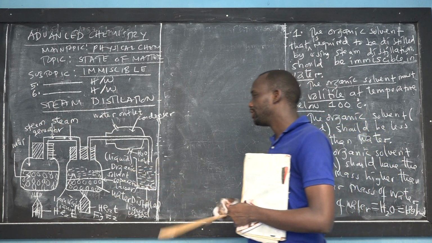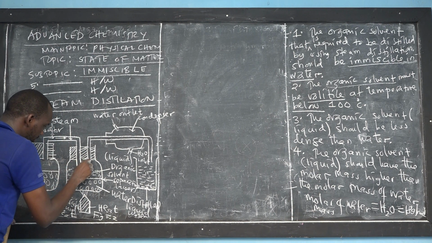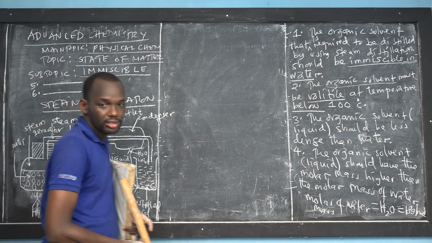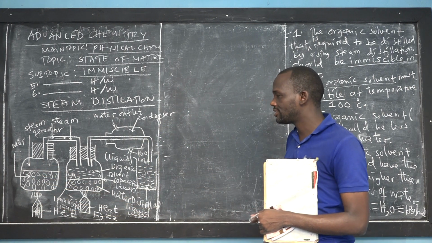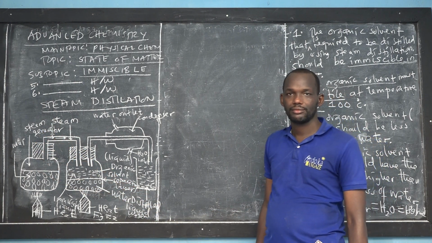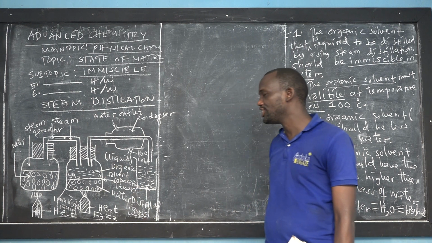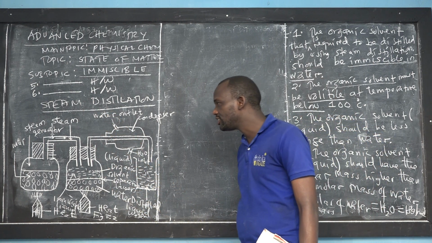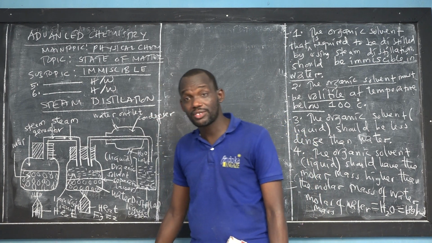So what is going on here? We can extend these tubes from this tube to this point. This conical flask we call the steam generator. What does a generator mean? Just like in physics or engineering, a generator is a device used to produce something or give something out.